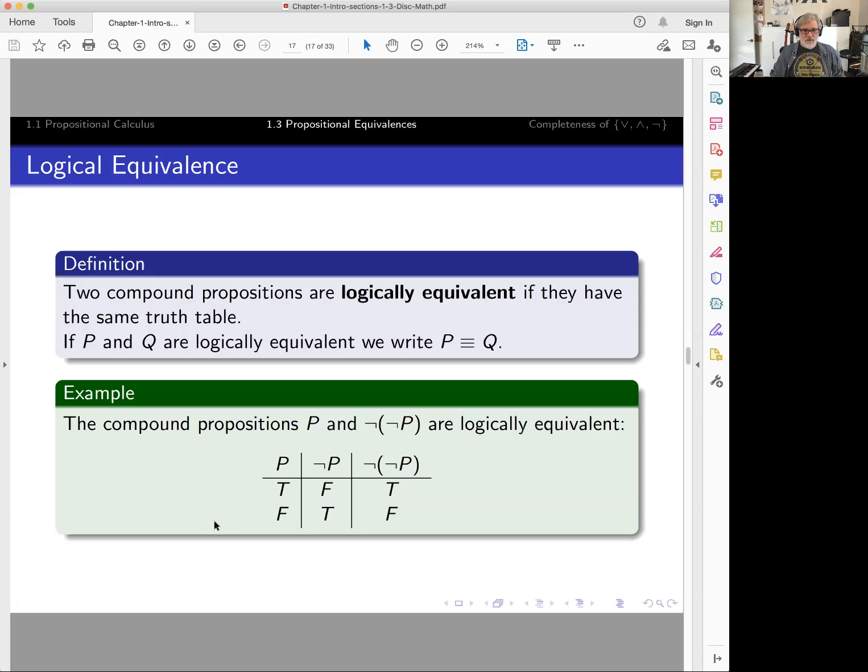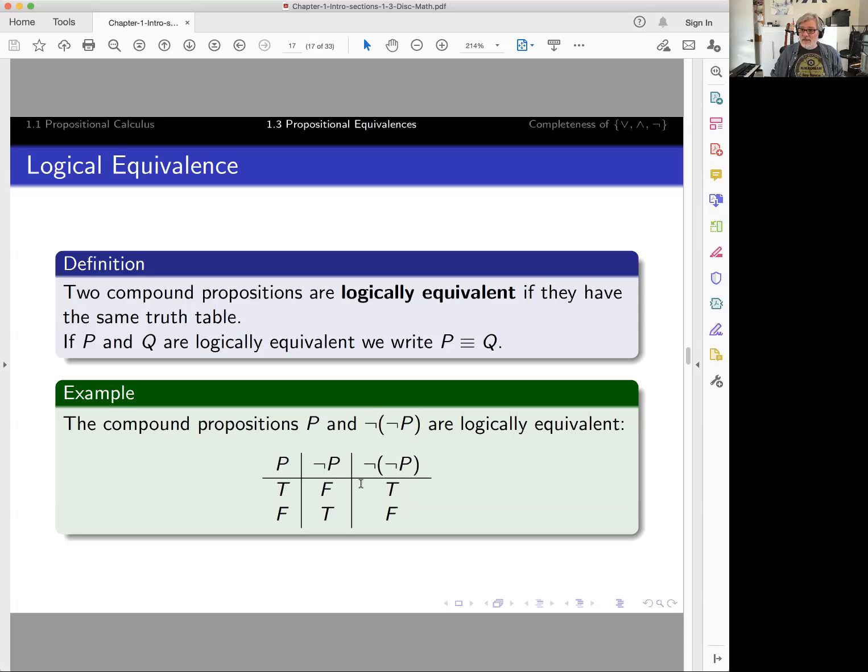Okay. Here's a very simple, obvious example, but I think it's simple enough and straightforward enough to illustrate precisely what we want to do here. If you look at the negation of the negation of P, then intuitively you'd think, yeah, not not P, that's the same as P, right? And by definition, it is. So if P is true, not P is false.